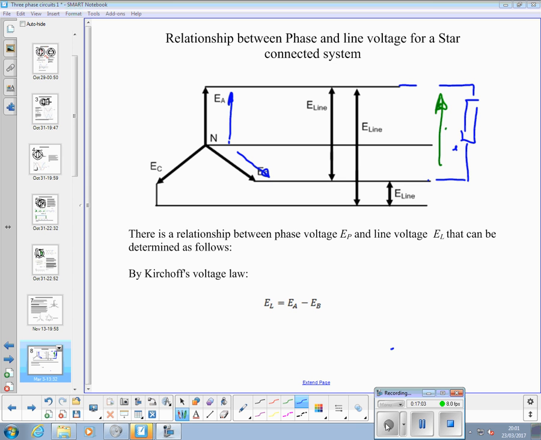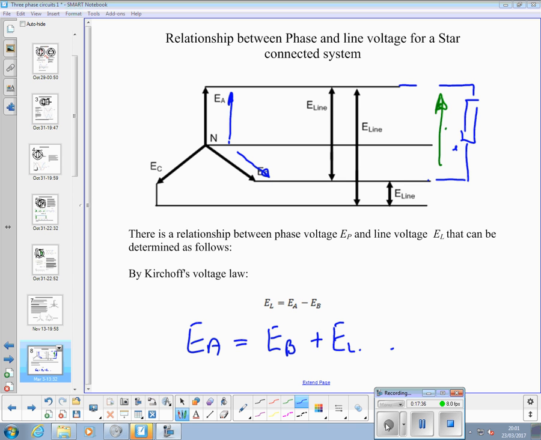All arrows, EA. It's the only clockwise arrow. I only ever put an arrow on the end of my voltages because that shows the direction. B, E line. Yeah, that's where it comes from.